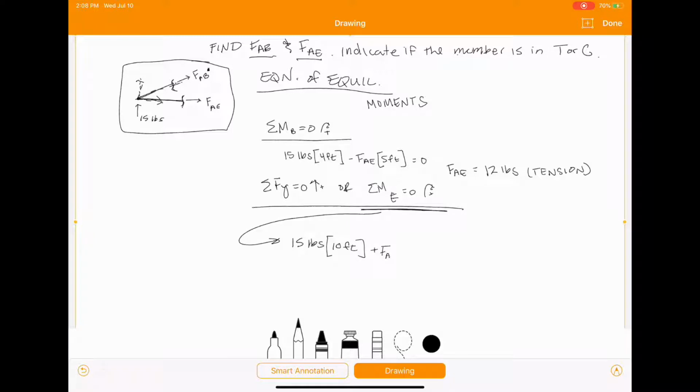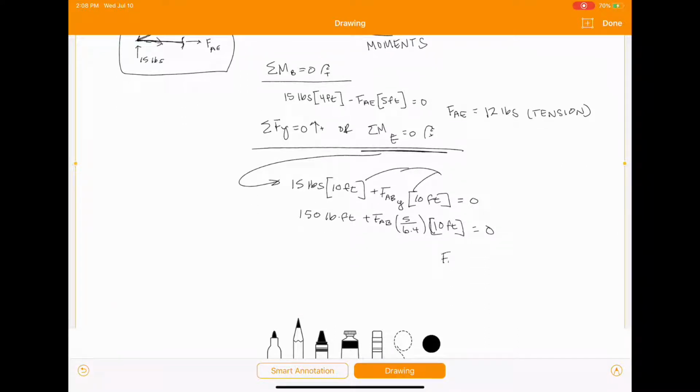And that's going to be positive FAB y times 10 feet. So 150 pound-feet plus FAB y is going to be 5 over 6.4 times 10 feet equals 0. Again, I like to keep these in brackets so I can quickly look at that and make sure I didn't forget a moment arm on anything.